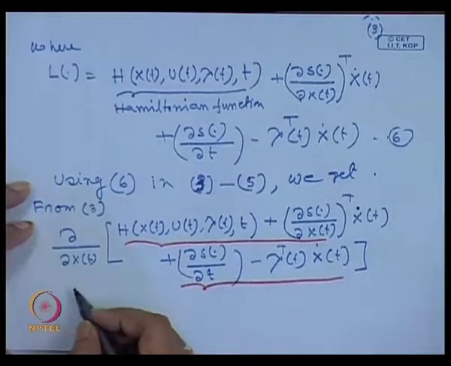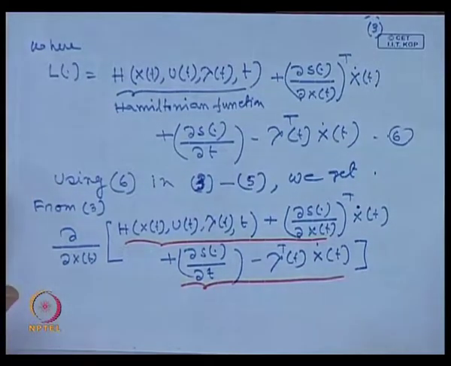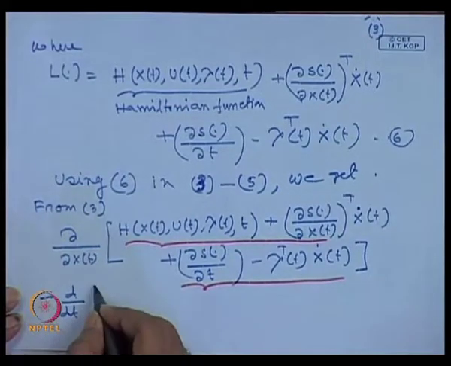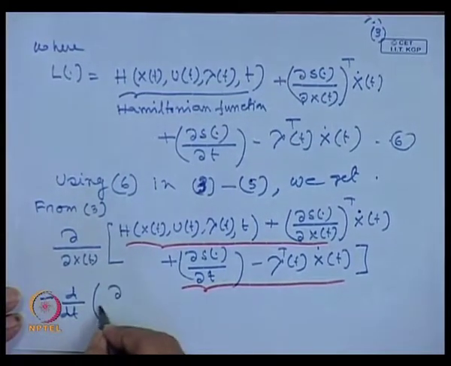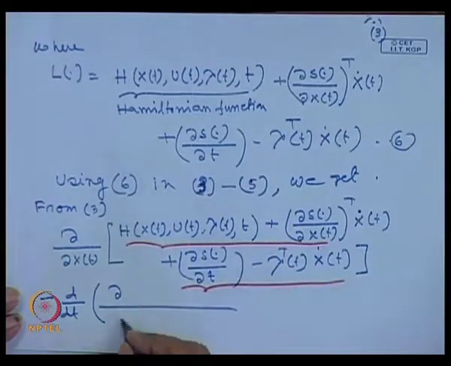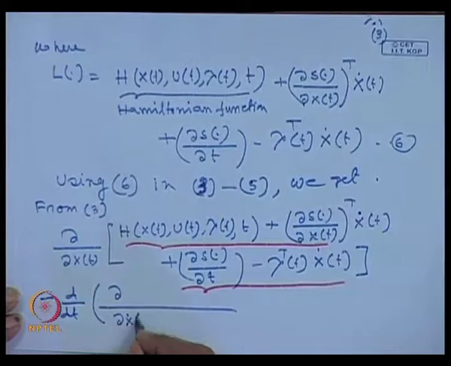Then the second term is minus d by dt of del L, this whole quantity, differentiated with respect to x dot.